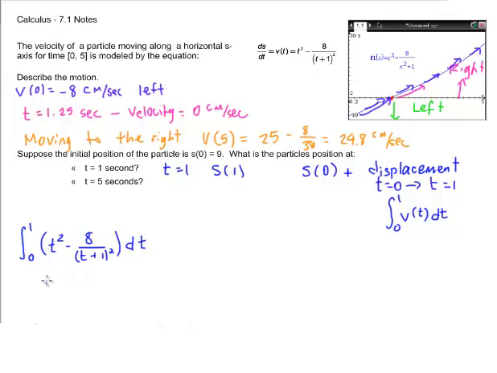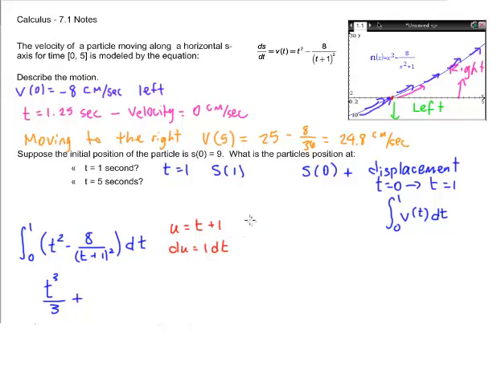Well, we're going to have t cubed over 3. All right, and then plus, and remember, if I set up a little u substitution over here, if I let u equal t plus 1, then du is equal to 1 dt. So there's no extra pieces running around there.